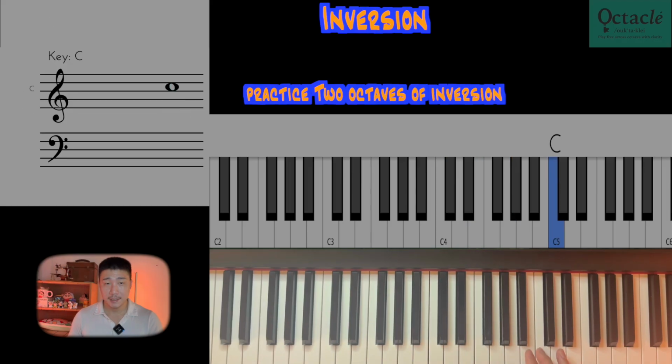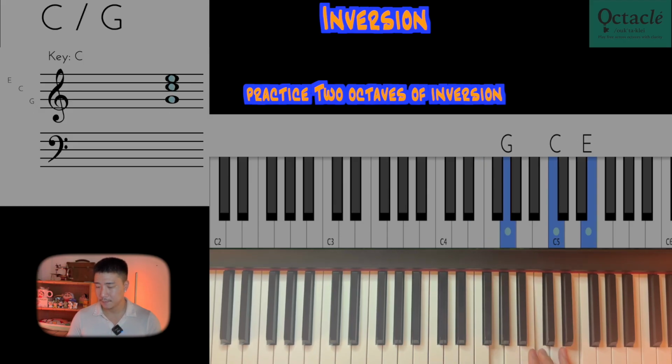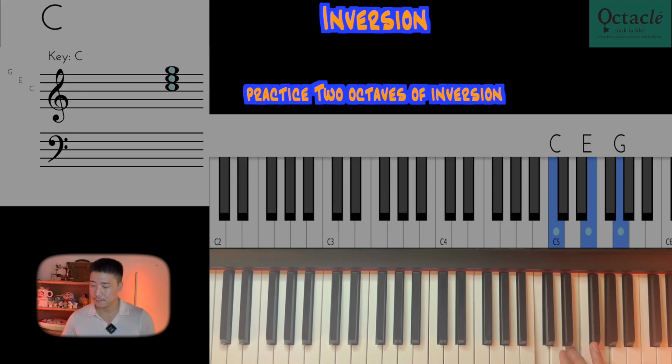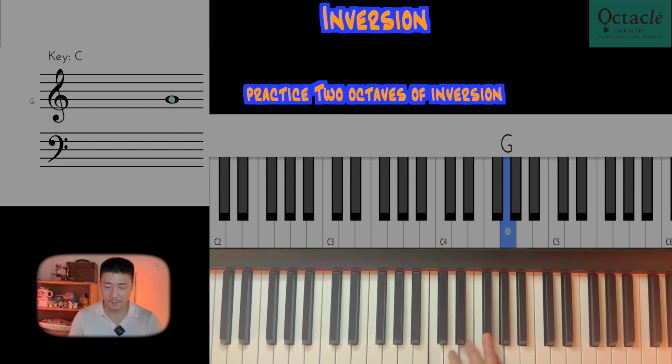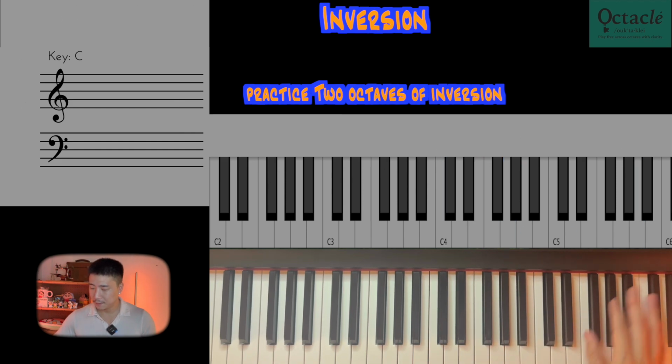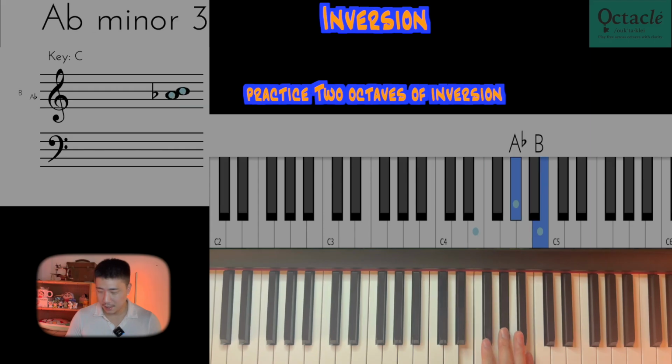So what you need to do is play every chord you've learned with the inversion. So C. Usually what I do is 2 octaves. And even D major, E major.